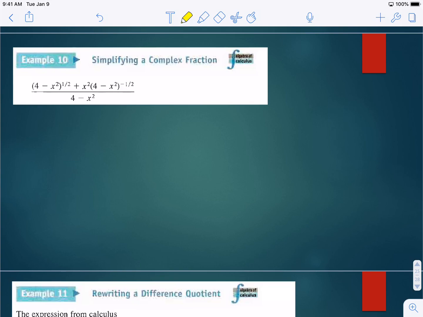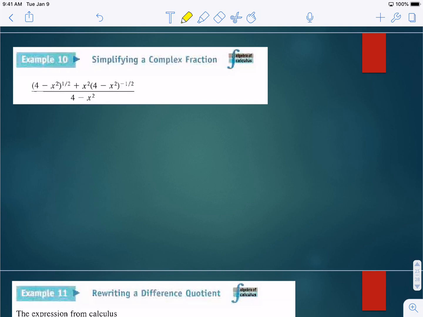In this next example, they suggest that you actually multiply top and bottom of this rational expression by 4 minus x squared quantity raised to the 1/2 power.